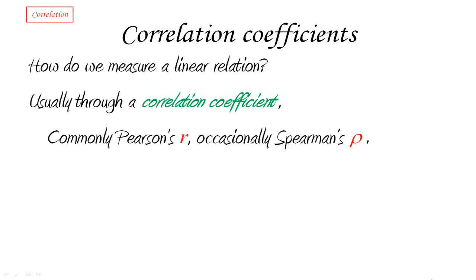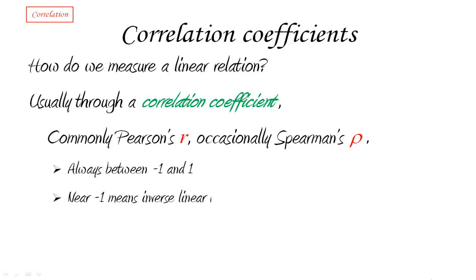A quick reminder of what we saw in the fall about these correlation coefficients. First of all, remember these coefficients are built up in such a way that their value is always between -1 and 1. Even though they look close to probabilities, they can be negative, so they can go either way. In fact, a correlation coefficient near -1 means that we're looking at an inverse linear relation.